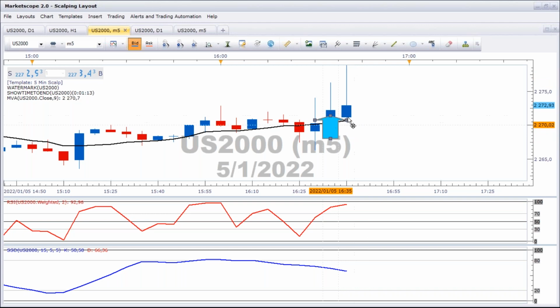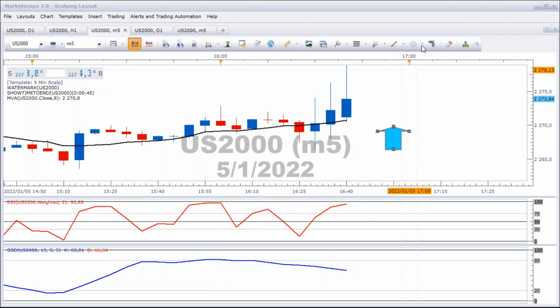So although the candles are showing resistance and support, they are moving in the right direction in terms of a swing or a trend. All right, let's just keep an eye on this.